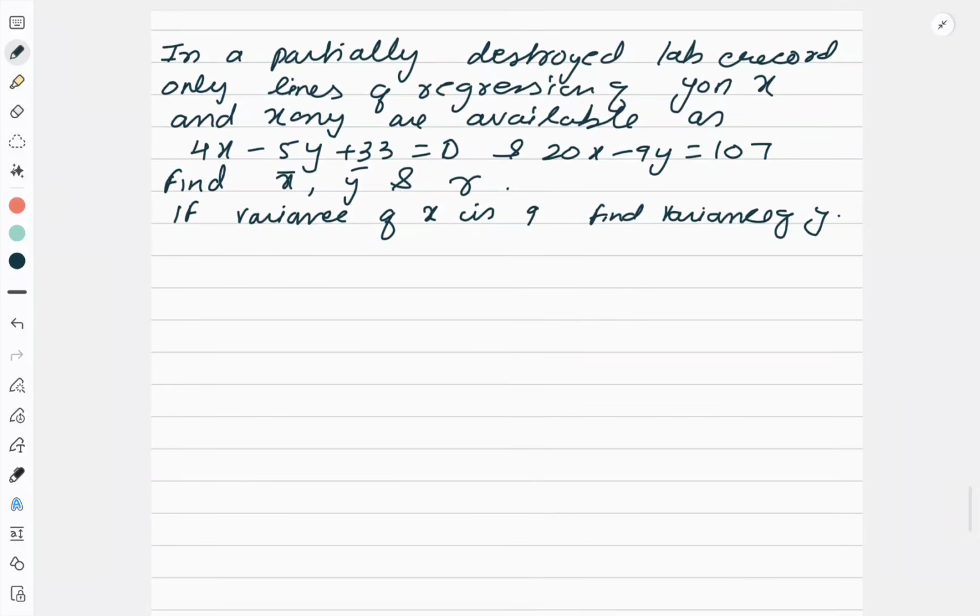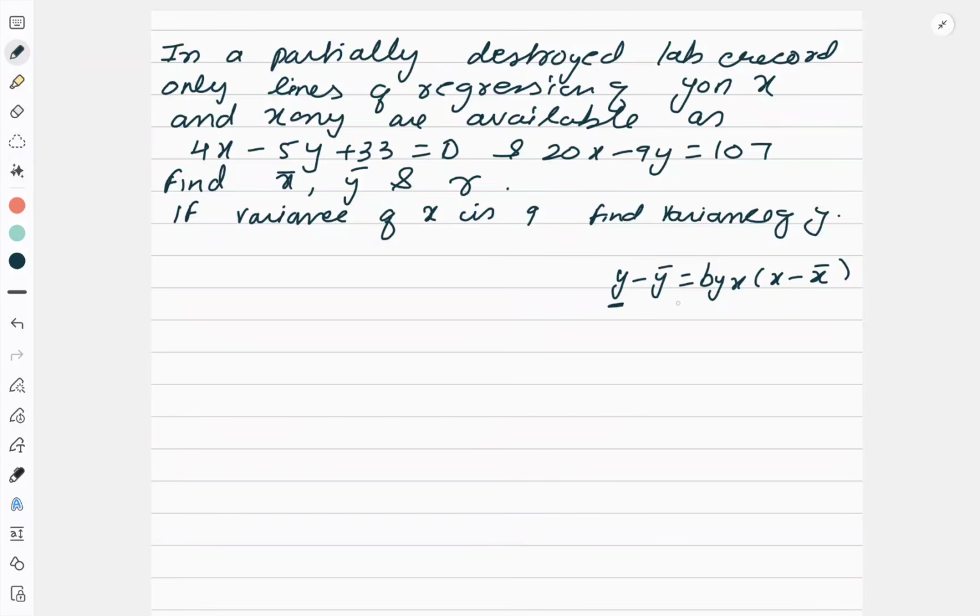Now let's come to one more category. Now what will happen, they will give me lines of regression and I have to find out mean, R, and if they ask anything else, that also. Now before starting this question, let me explain you one thing. When I write line of regression like this, observe it carefully.